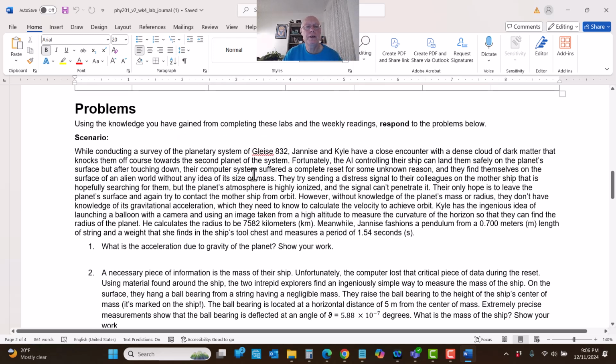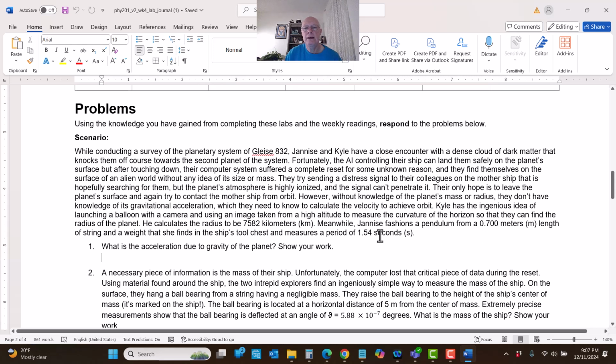So, there's a question here about a couple people on a planet. They want to leave the planet and enter orbit so that the mothership can rendezvous with them. So they find some things just by being clever and making observations. So they estimate the radius of the planet to be 7,582 kilometers.